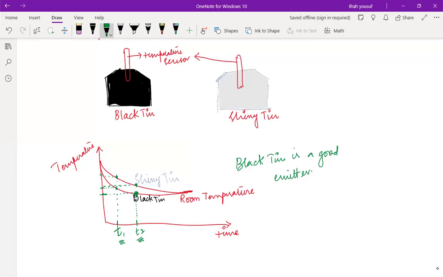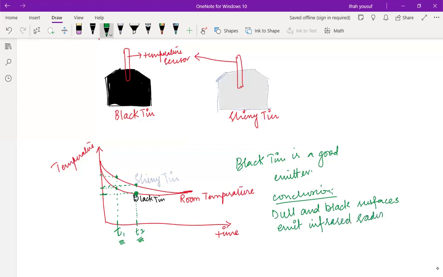So now what could be the conclusion? Yes, beta. Conclusion क्या होगी हमारी? Conclusion is going to be dull and black surfaces emit infrared radiation at a faster rate.